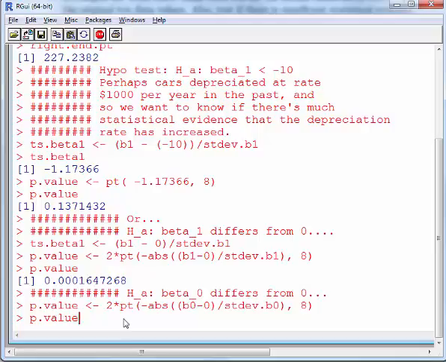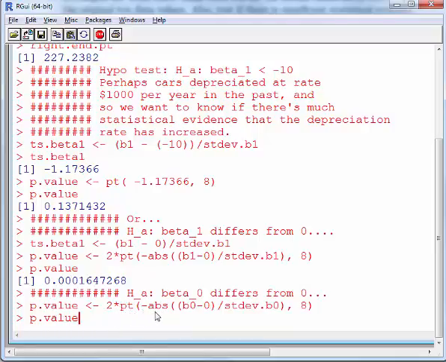What if I want to test whether or not beta not differs from 0? Well, again, I have this word differs here, so that means we're going to do a two-tailed test. So I've got to find the tail area in both ends to get my p-value. Since t distributions are symmetric, I just take 2 times the probability.